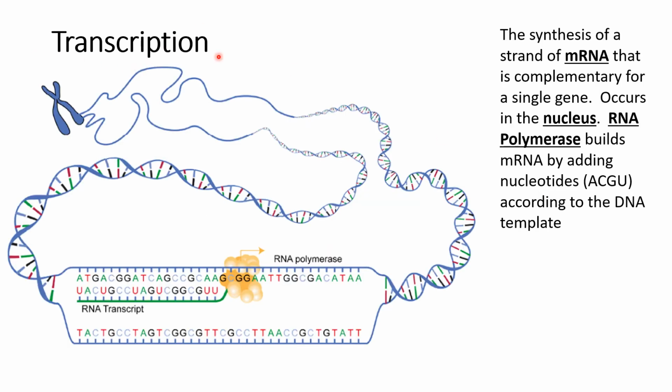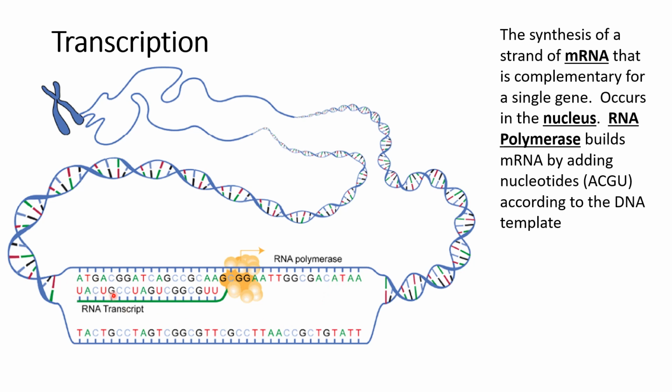Let's look at transcription in a little more detail. Here's one chromosome, but remember, when a cell is not dividing, it's in this long thread-like version that we call chromatin. And an enzyme called RNA polymerase will create the messenger RNA out of the DNA template. And here you can see how the DNA is unzipped to expose the template strand.